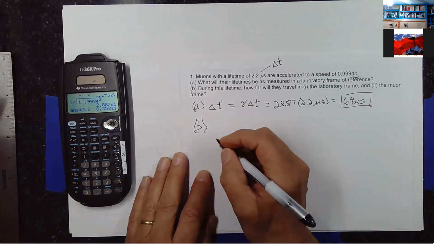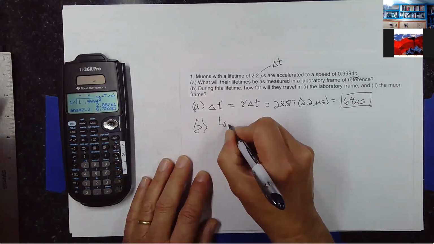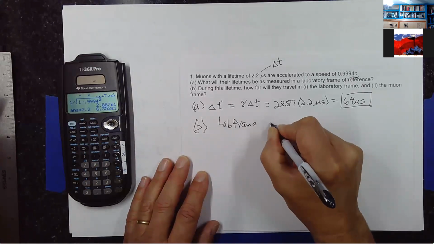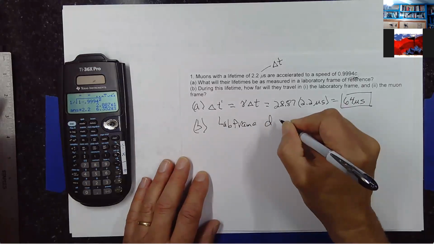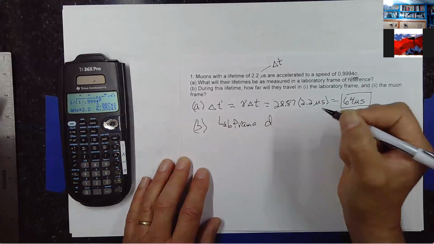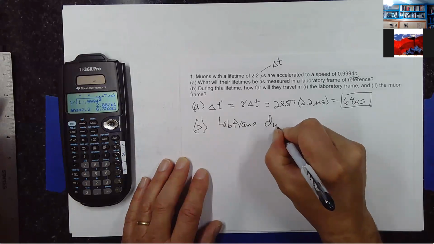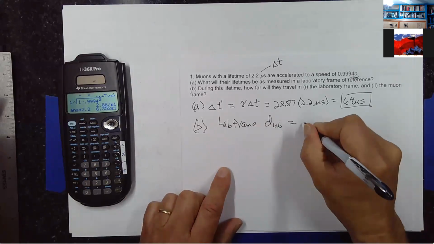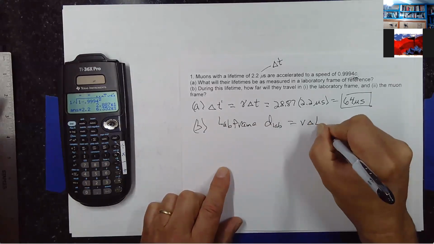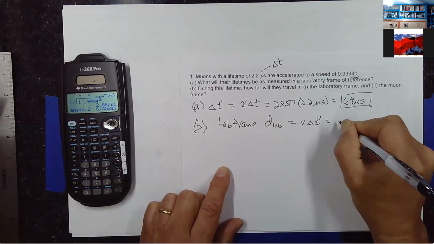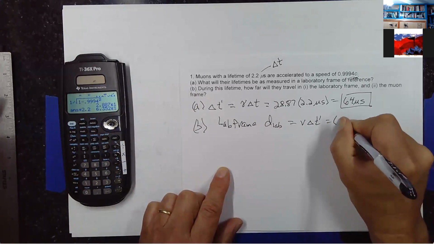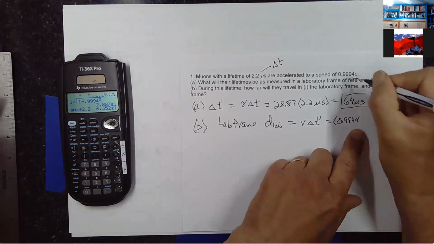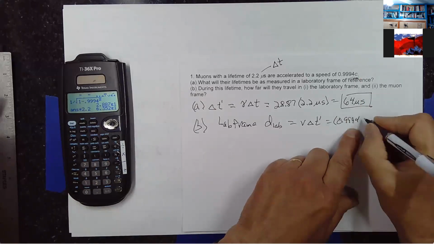So lab frame, the distance that they travel, I'll just call it D lab. It'll be V delta t prime, but V is 0.9994 c, and it doesn't matter how many sig figs I keep on here. I've only got 2 on this.